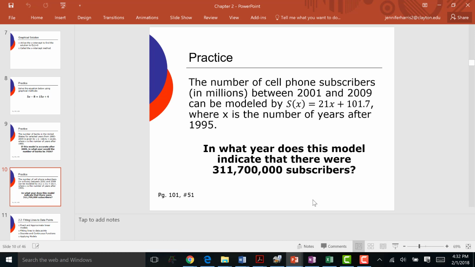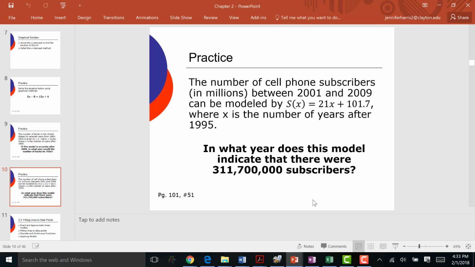And S of X is equal to 21X plus 101.7, where X is the number of years after 1995. Let's read the question. In what year does this model indicate that there were 311,700,000 subscribers?